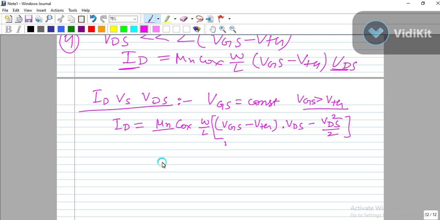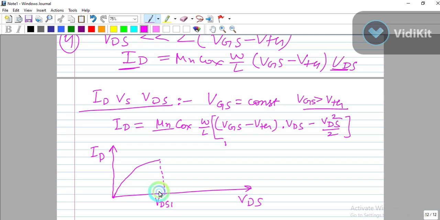So let's draw ID versus VDS. This is ID and there VDS. With VDS, ID will increase in a parabolic way like this, and it will achieve some maximum value at some VDS.